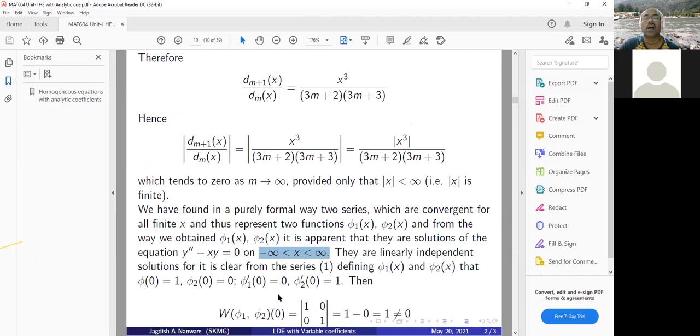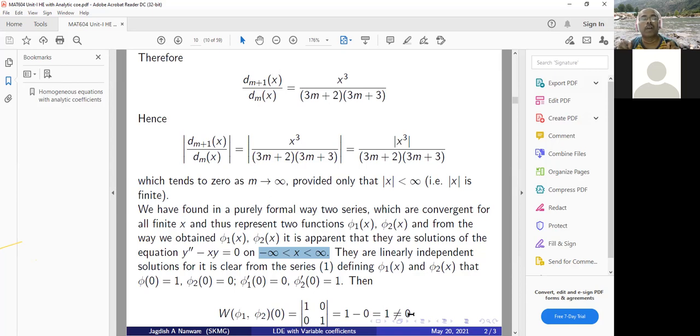And therefore, write the Wronskian at point 0. So 1, 0 in the first row, 0, 1 in the second row, and solve this determinant. So this is 1, not equal to 0. And by the theorem, we proved the theorem, you can even apply it for n solutions, but I will tell you this theorem for two solutions only.